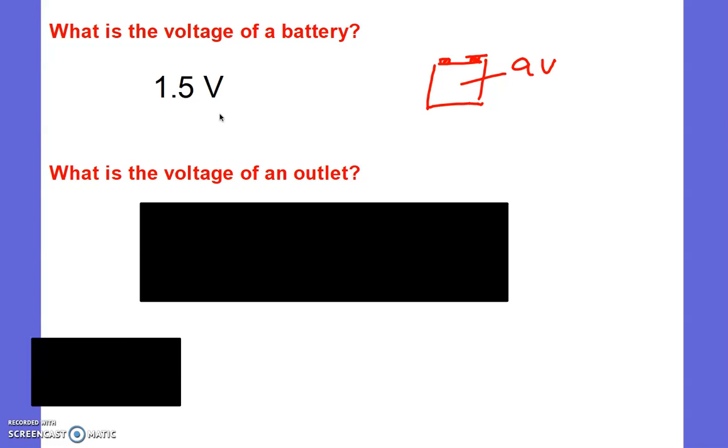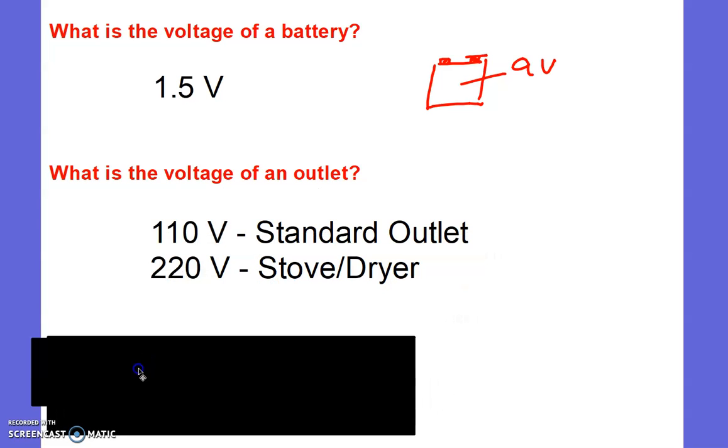Now, the other place we can get voltage is from an outlet. And typical outlets here in the United States are at 120 volts. But there are 2 outlets that you have that are actually at more of like 220 or 240 volts, and that is your stove and your dryer.